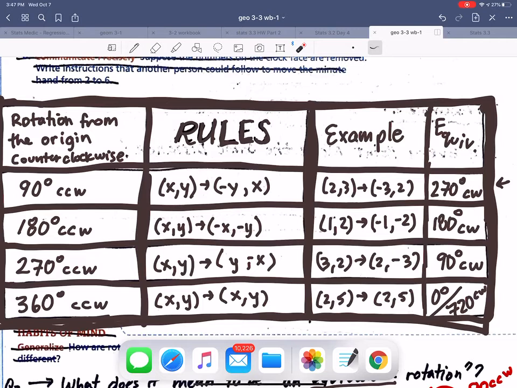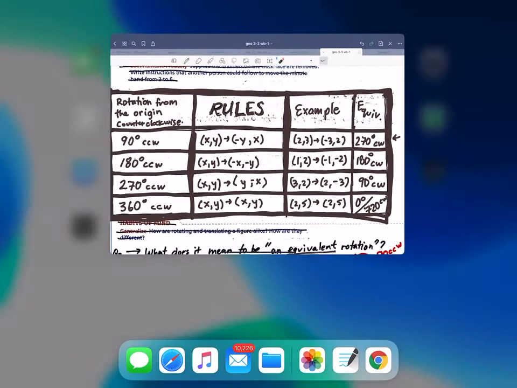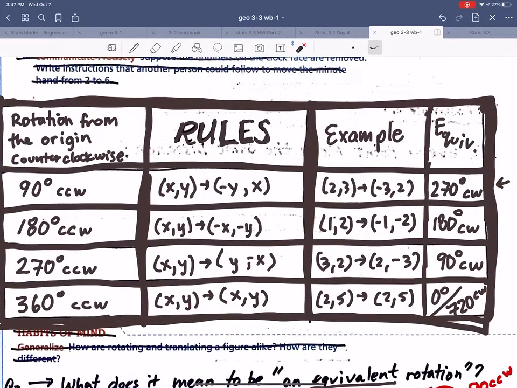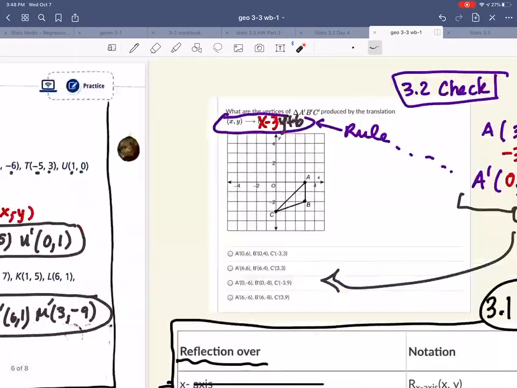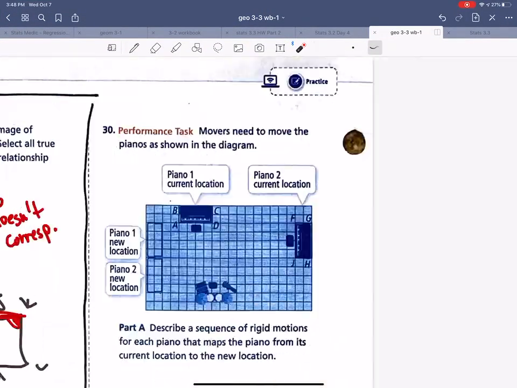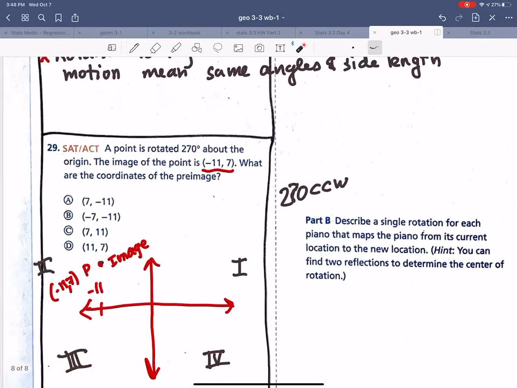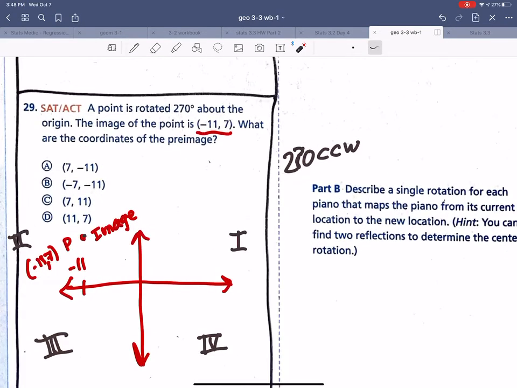So if I was working backwards, let's see. I think I'm confusing myself. Let's go back. Let's make sure we got this right. Yeah, I need to go back.